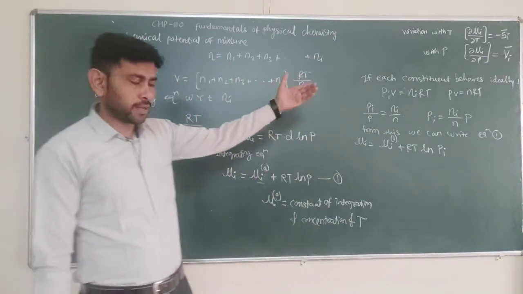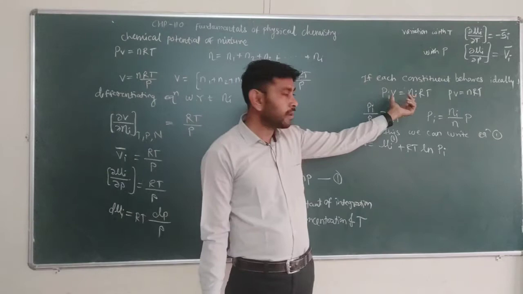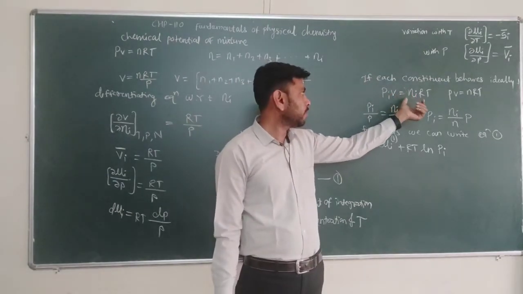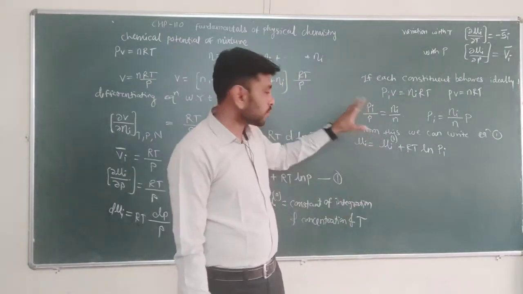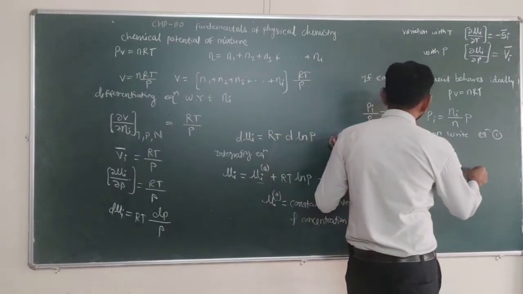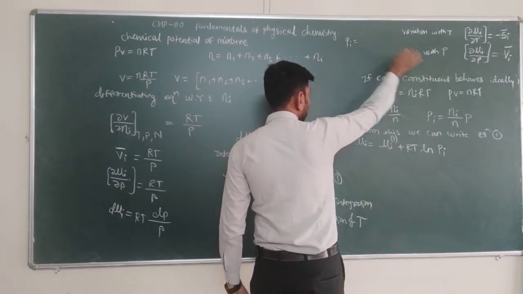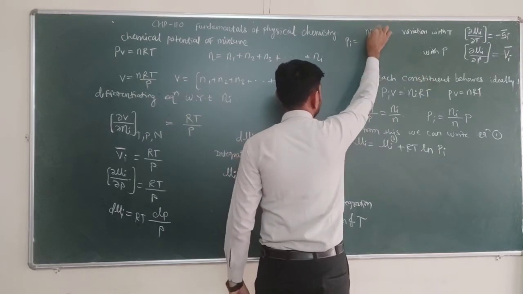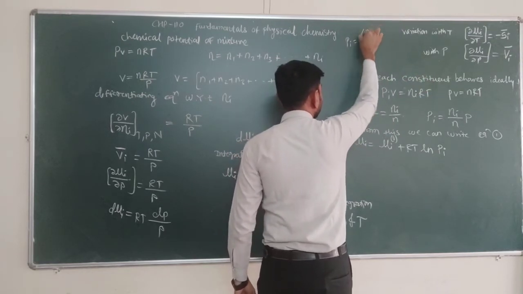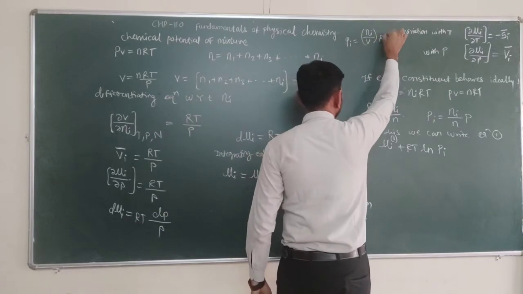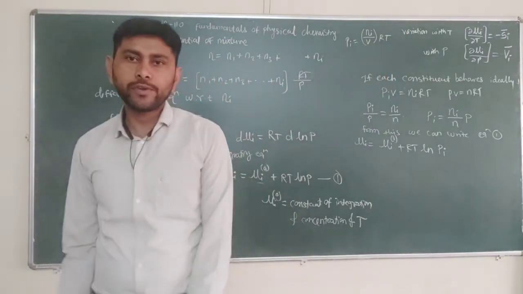So let's again see the ideal gas equation, PiV equal to NiRT. If this equation is rearranged for Pi, then we can write Pi equal to Ni upon V into RT.